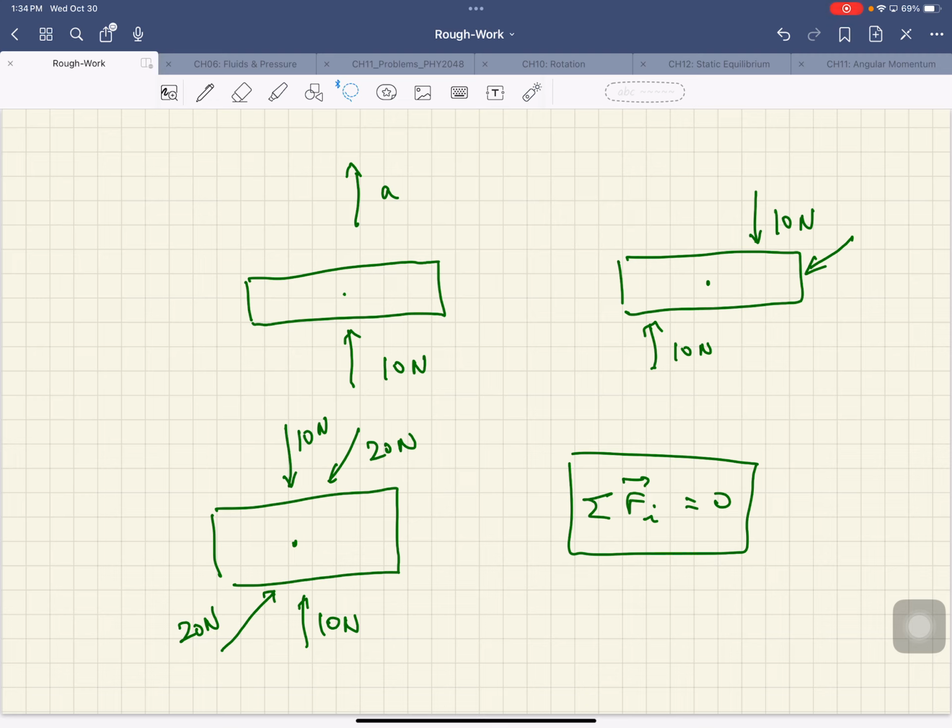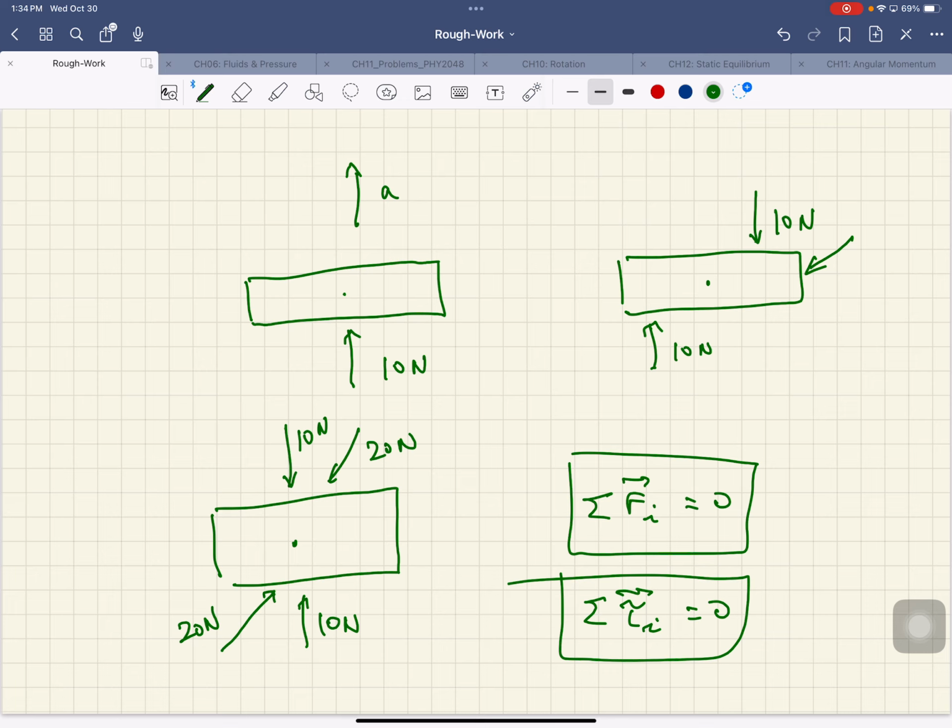It will rotate. So this condition is still satisfied, but it's not in equilibrium. What you need to make sure is that the sum of the torques is also 0 for extended objects. So you need two conditions to make sure that the object will be in equilibrium.